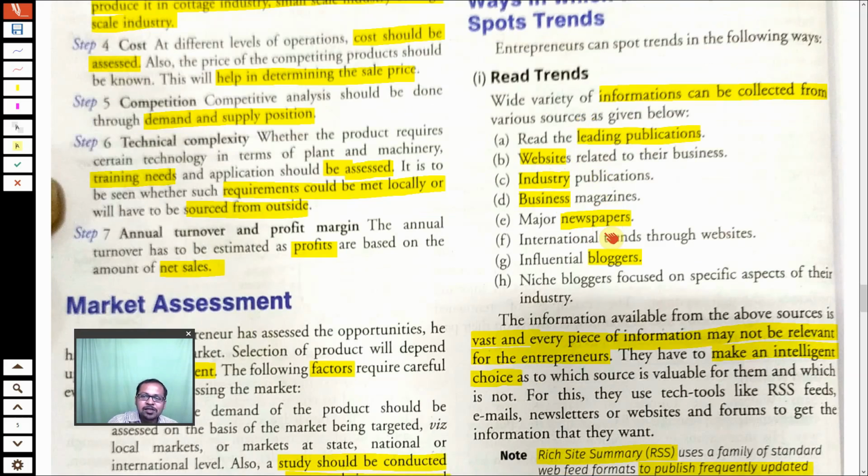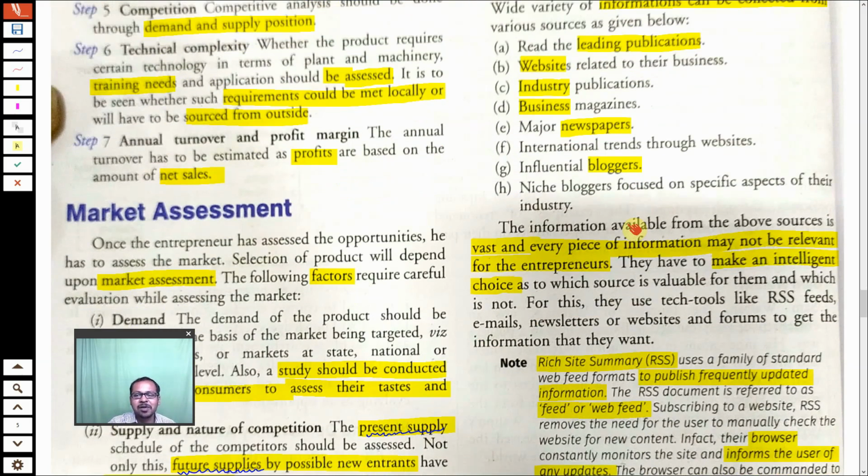There are many bloggers, many niche bloggers, who do analysis on a particular industry or sub-industry. All these things need to be gone through so that you get information, you get data, and you are able to understand the trend.